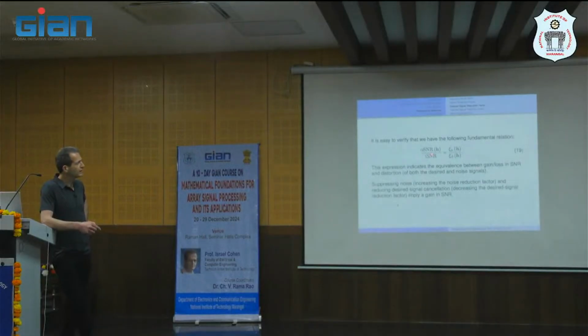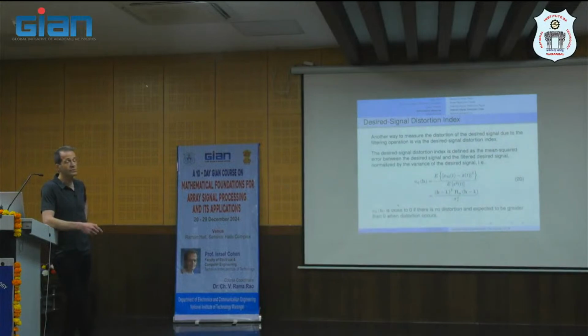And we have certain relations between the gain in SNR and the noise reduction and desired signal reduction factor. Okay, so it's very easy to show this ratio. We can also define the distortion index, the desired signal distortion index. What does it mean? You see, the output of the filter contains 2 components.